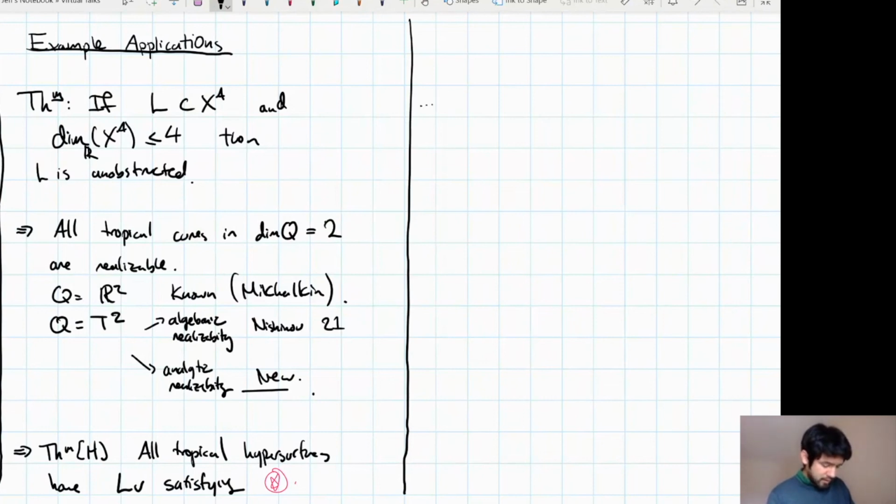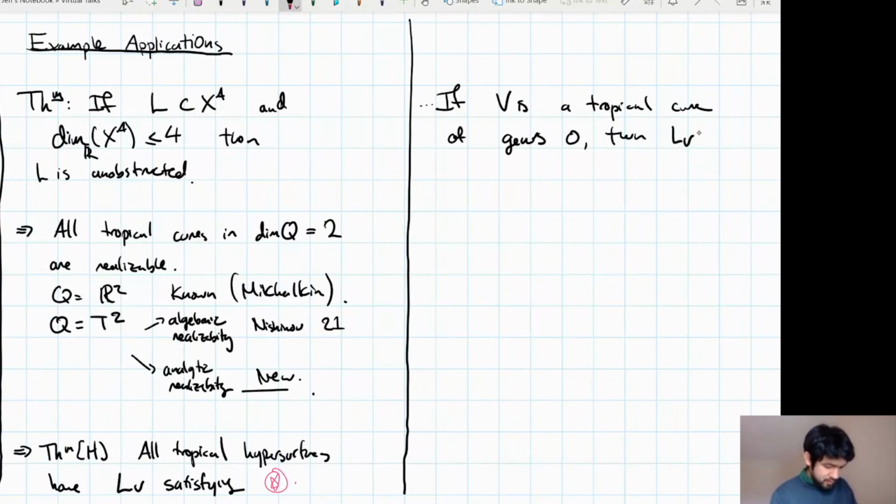There are some other applications that you can come up with. For instance, you can show that if V is a tropical curve of genus 0, then LV satisfies this condition star as well.